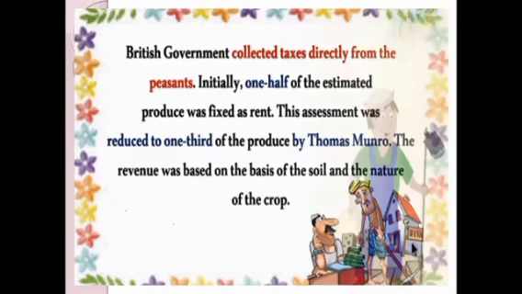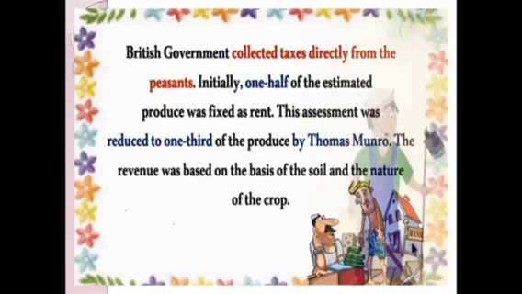So, in Ryotwari system, the British government collected taxes directly from the peasants, which means farmers. Initially, 1/2 of the estimated produce was fixed as rent. Then this assessment was reduced to 1/3 of the produce by Thomas Munro.